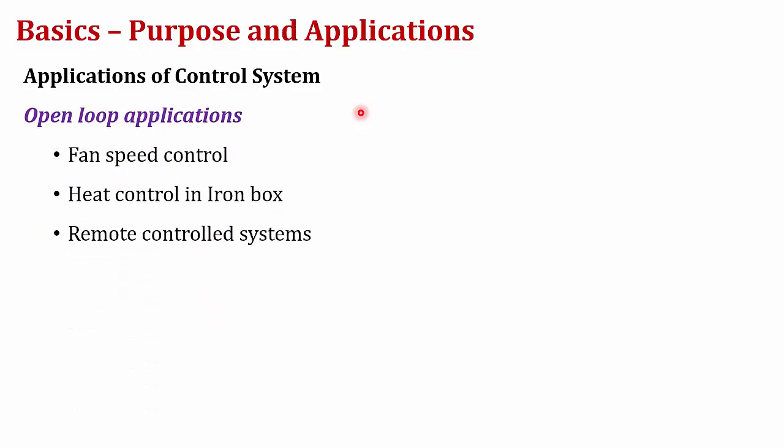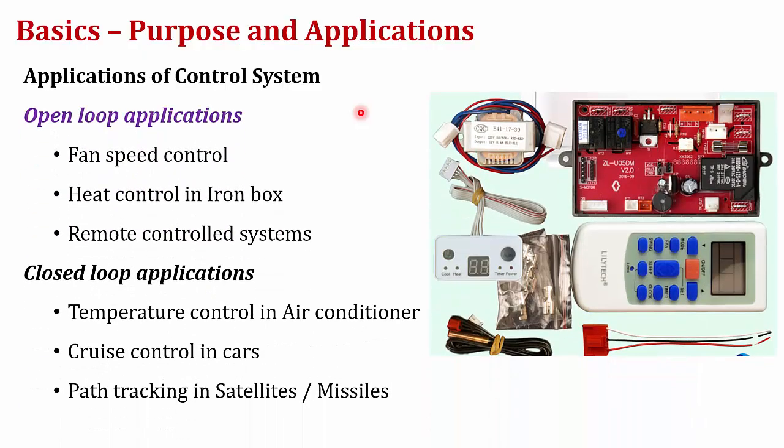Application of control systems. Open loop systems: we have fan speed control, heat control in an iron box, and remote control system. Closed loop systems: air conditioner, cruise control in a car, and path tracking in satellites and missiles. We know that all three things shown in closed loop applications take place automatically, because in an air conditioner, if we set a temperature of 17, the outdoor unit starts and stops automatically.